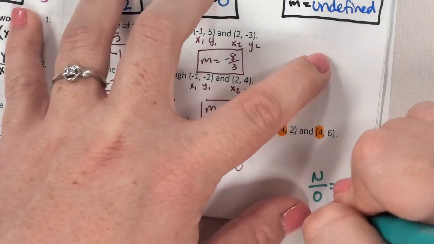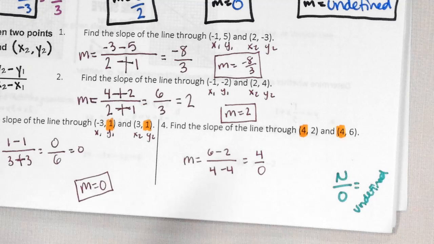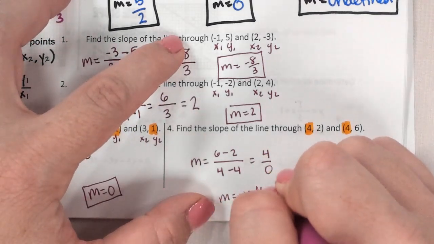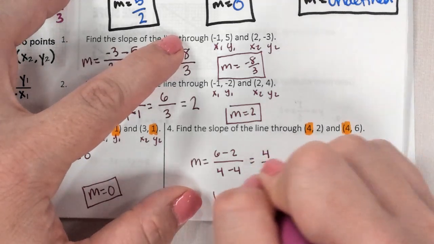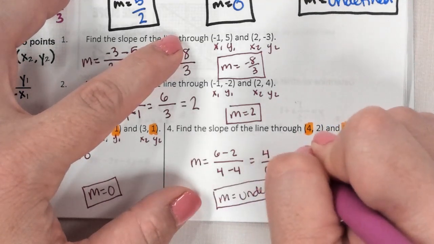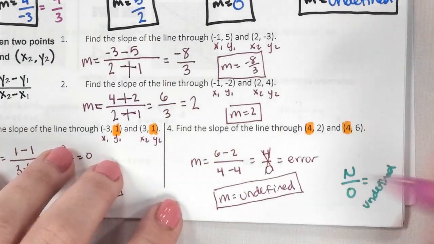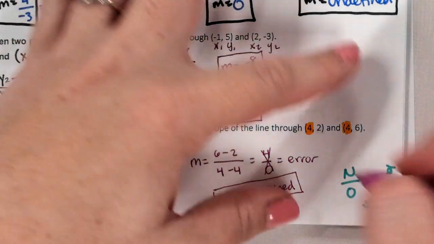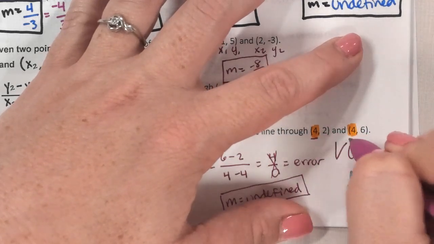Okay, that equals undefined. So my slope is undefined. Because this is going to equal error. And it's because this is your special case, because the x's were equal.